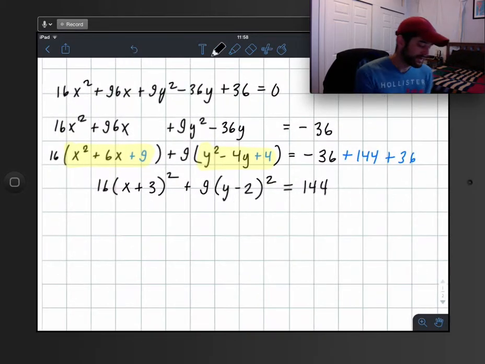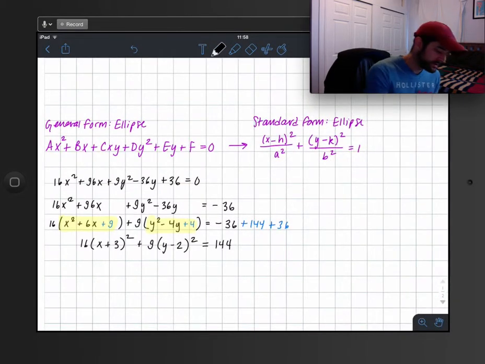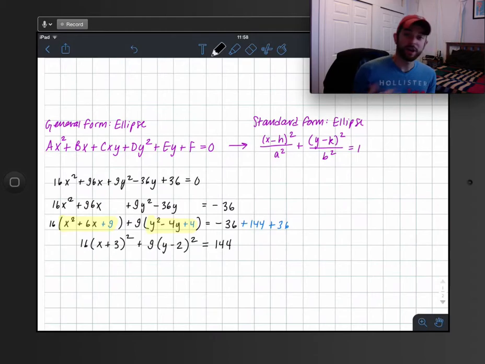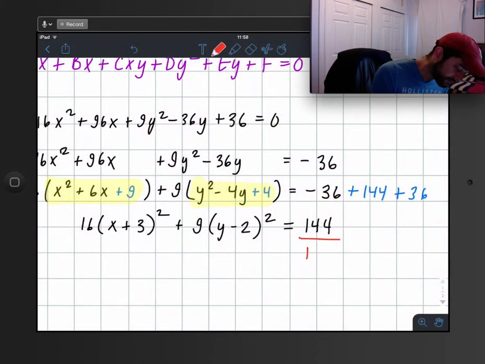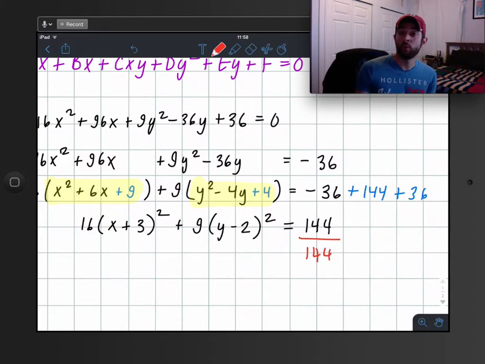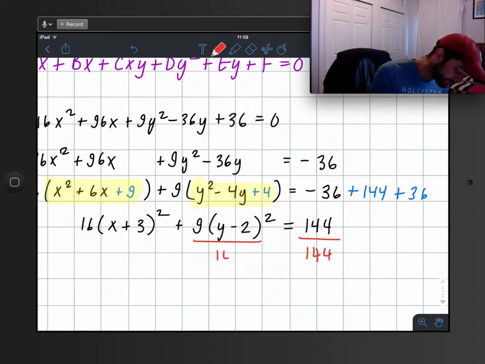There we go. Now the last step to make the general form look like the standard form is that we need to have a 1 on the right and denominators on the left. And the only way to do that is to divide everybody by 144, because that will ensure that we have a 1 on the right side. So that equals 1 on the right.